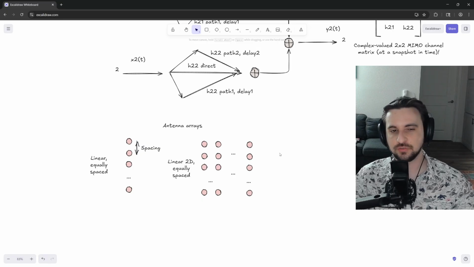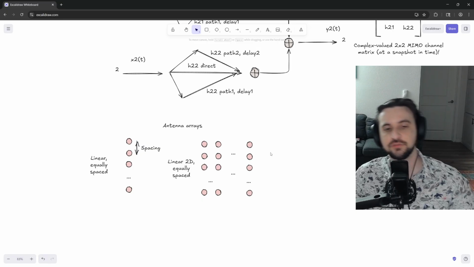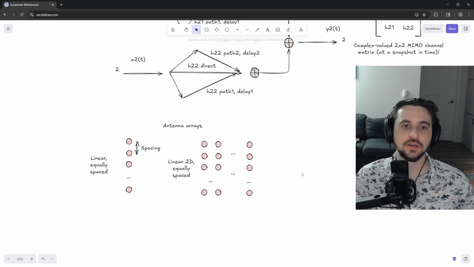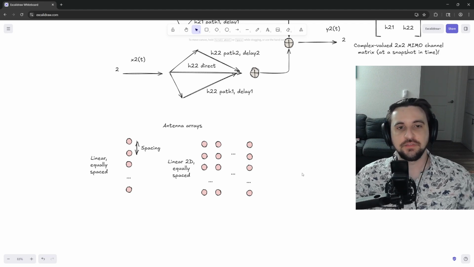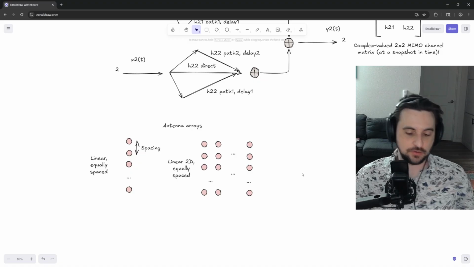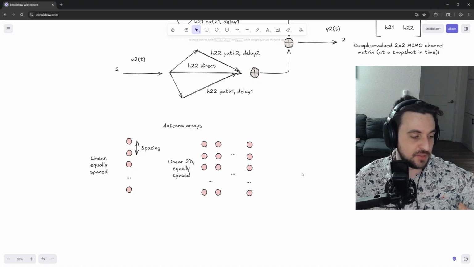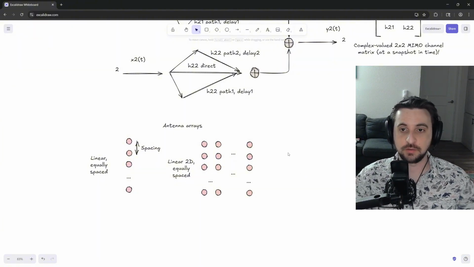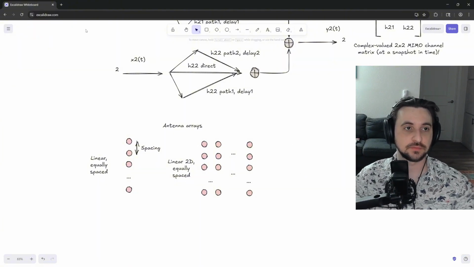It's easier to see why on the receiver side. If I have 2 listeners very close to each other, they're gonna hear the same thing, so they don't really gain anything new. You're always better spacing your receivers apart. The dual is also true for transmitters, but there's a bit more math there to understand why, which we can skip for now. It doesn't matter that much.